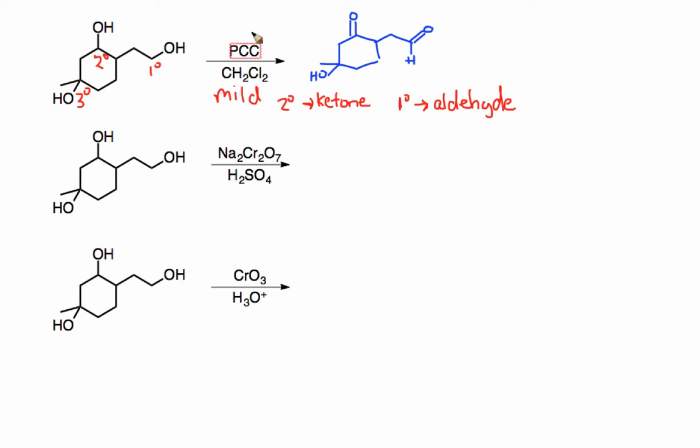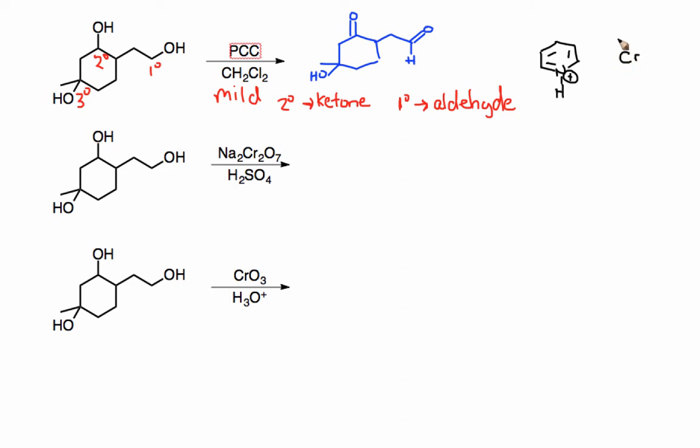Okay, and just for reference, with your reagent here, PCC is pyridinium chlorochromate. So we have a pyridinium ion, so a pyridine like that. And then essentially our counter anion is our chlorochromate.